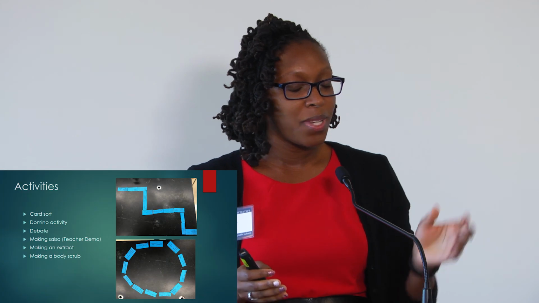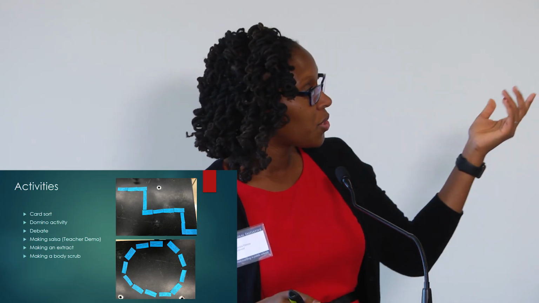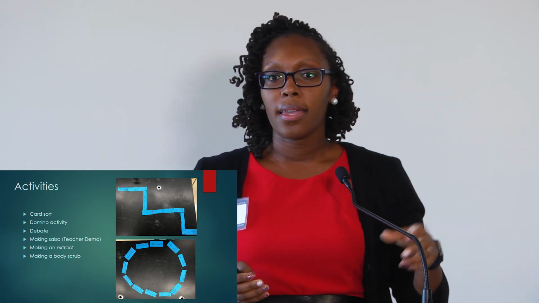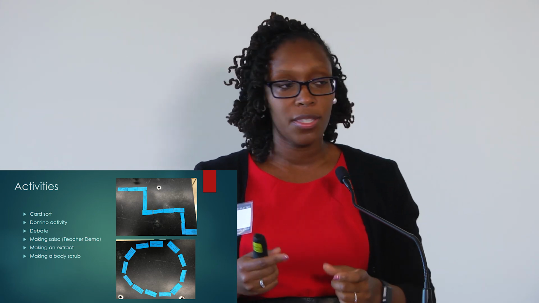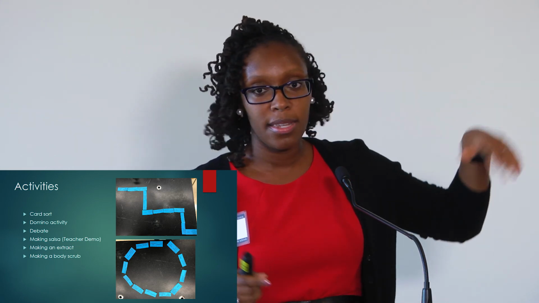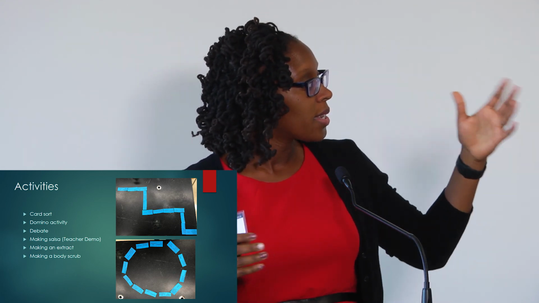They pick any card they choose, they can start anywhere, they read the question, and they have to find the other card that matches it with the right answer. All of them can connect, in any order. Ultimately it makes a circle, as long as they know that the question on the last card matches the answer on the first card. That's how it connects. So I call it a domino activity.